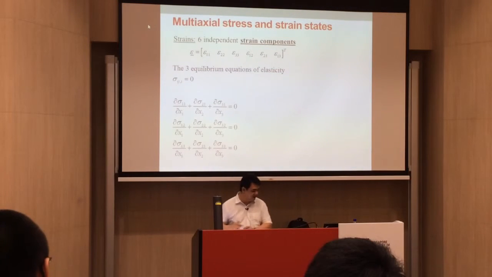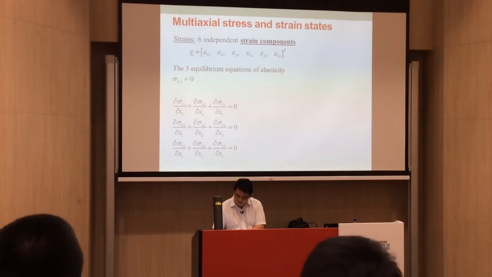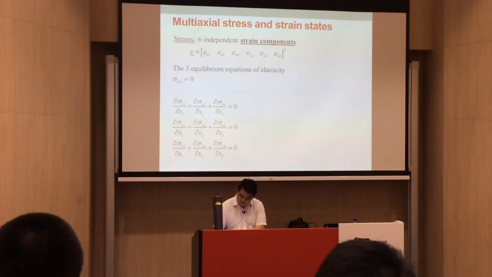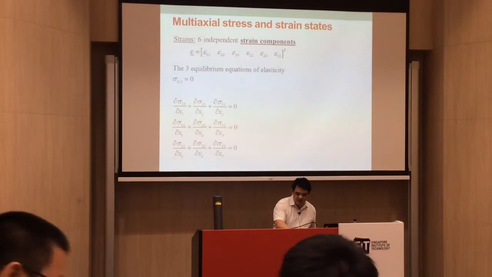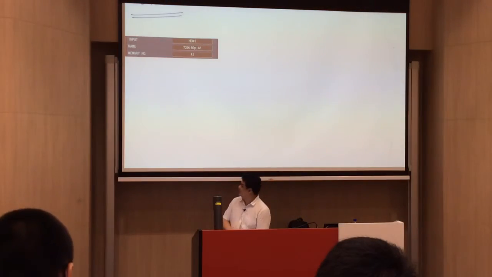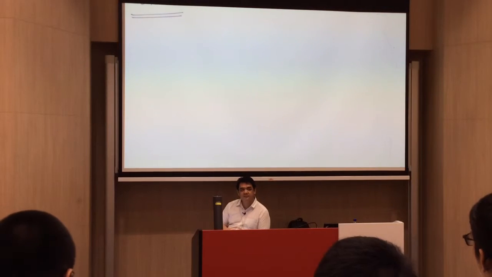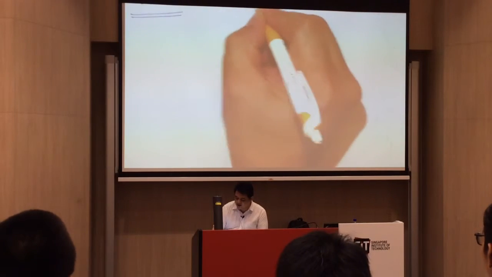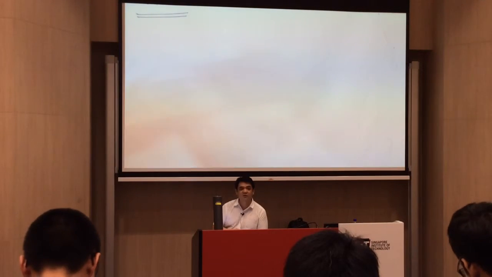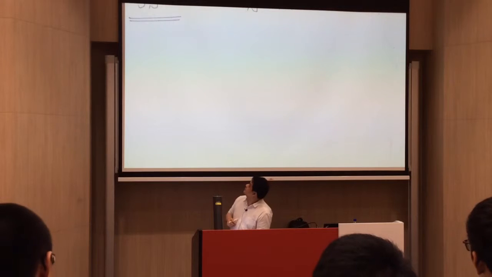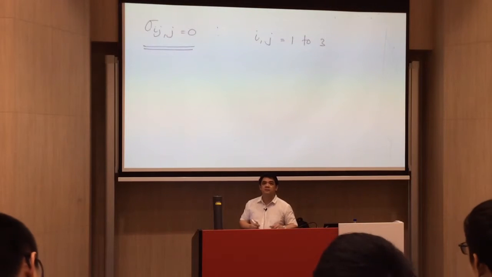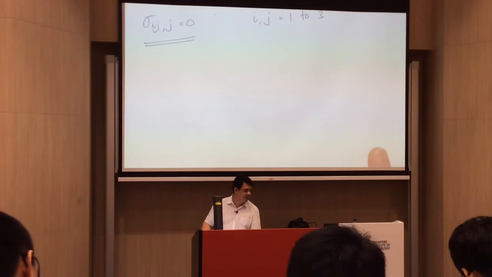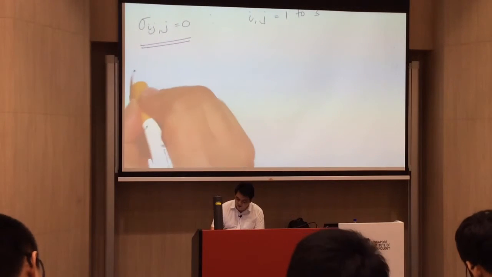Let me just copy this one first. So let's write the equilibrium equation. At the moment, we're just trying to define terms here. Here we have i and j equal to 1 to 3. We're looking at the equilibrium equation.